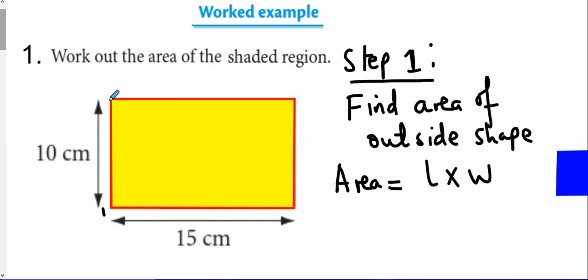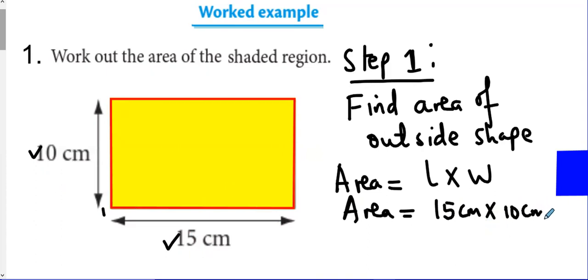So area of a rectangle equals length times width. Now, can you tell me the length of this outside shape? The length of this outside shape is 15 and the width is 10. So area equals length, which is 15 centimeters, multiplied by the width, which is 10 centimeters.